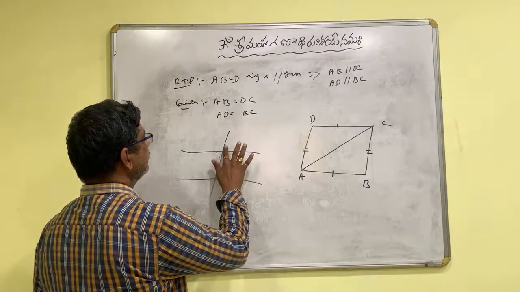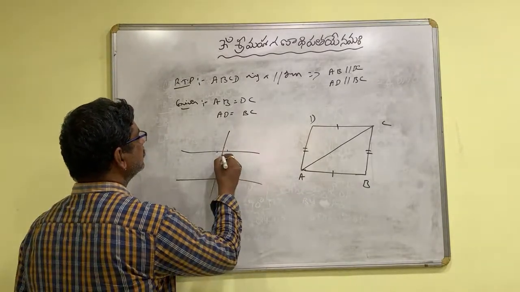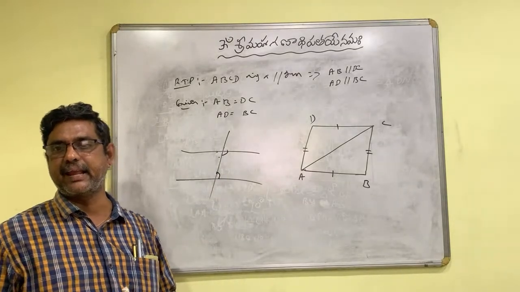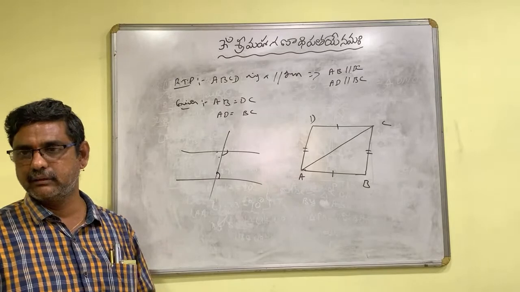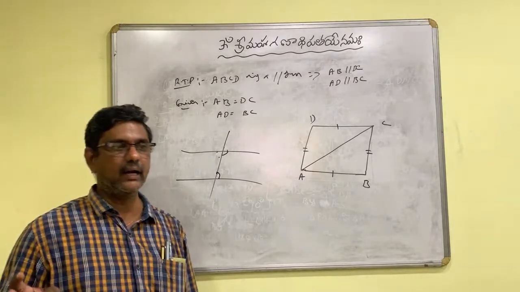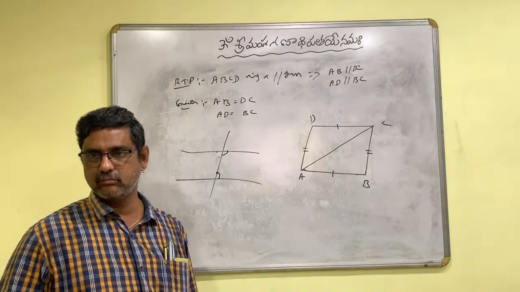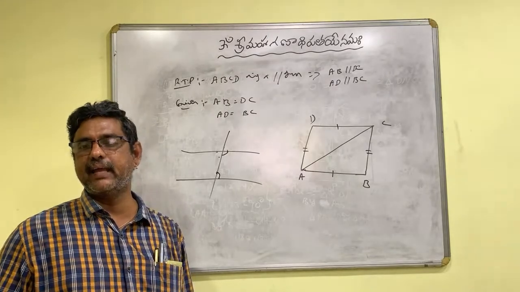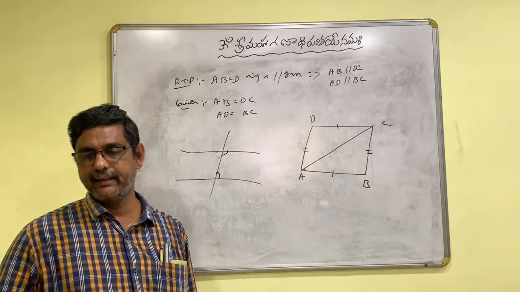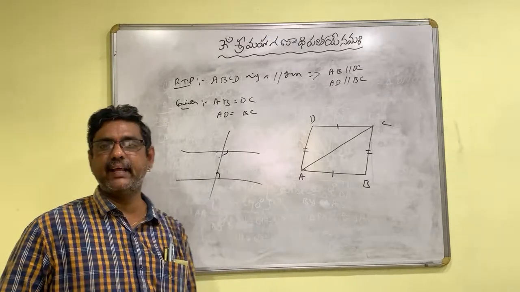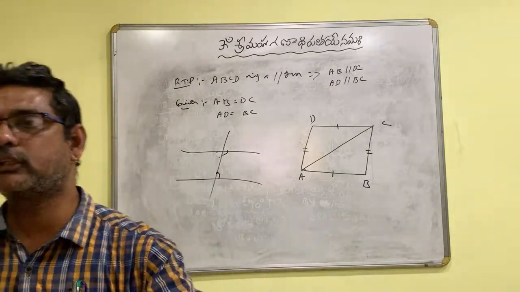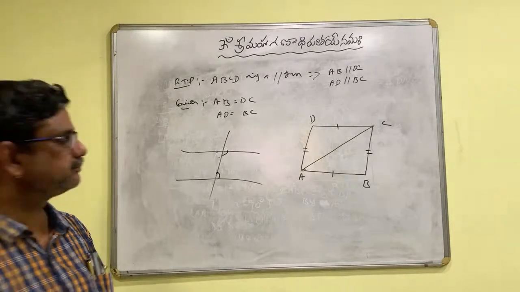Third option, if we prove the sum of interior angles on the same side of the transversal is supplementary, the lines are parallel. You can prove any one of these three.